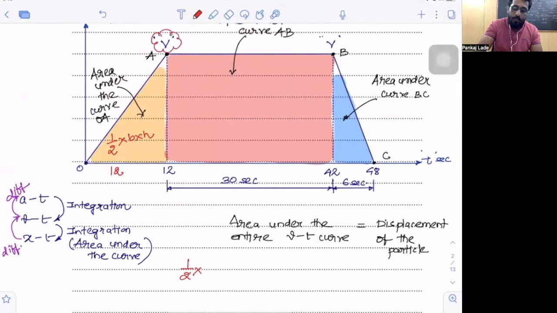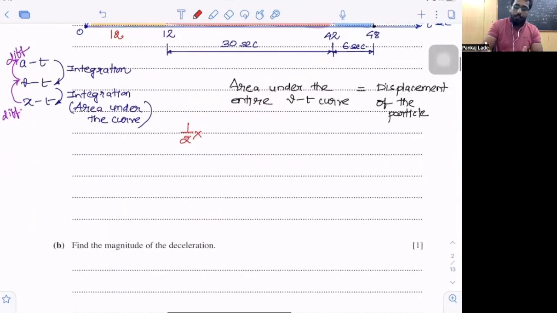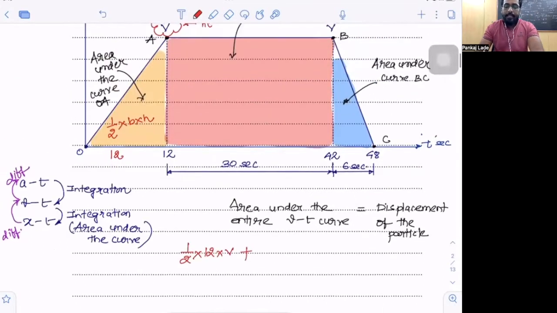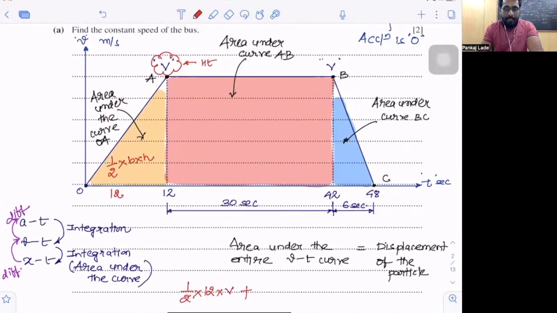V is your height for the triangle under the curve OA. So that's 12 into V. Then plus area under the curve AB. So that's a rectangle. Its length is going to be L into B, length into breadth, isn't it? So length is 30, right? So it's not 42, it's 30 into the breadth or width is V.